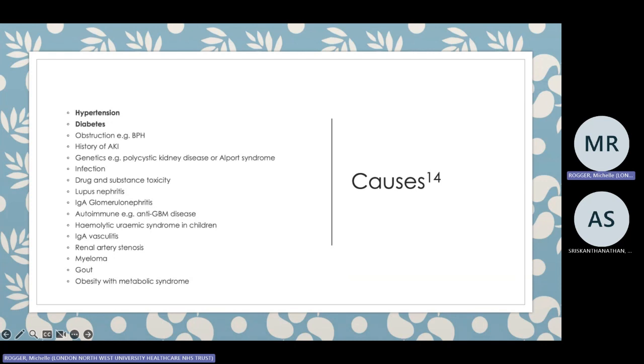Severe infections can cause it, as can continuous drug and substance toxicity, and very specialist things like lupus nephritis, glomerulonephritis, autoimmune diseases, hemolytic uremic syndrome, vasculitis, renal artery stenosis, myeloma, gout, and obesity with metabolic syndrome. So many causes to be aware of if someone has CKD.